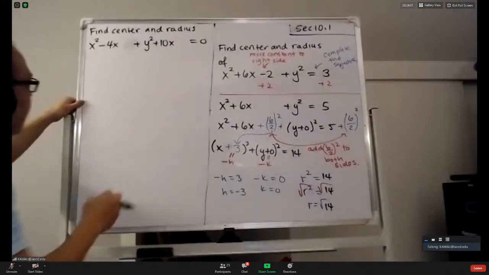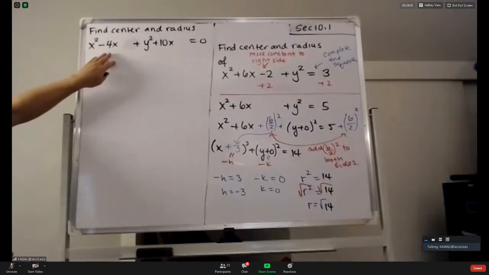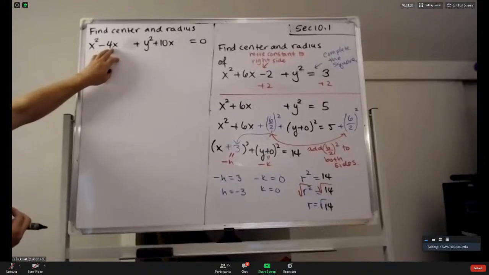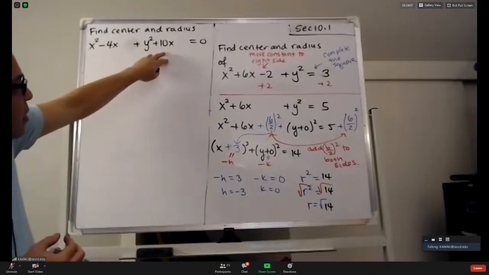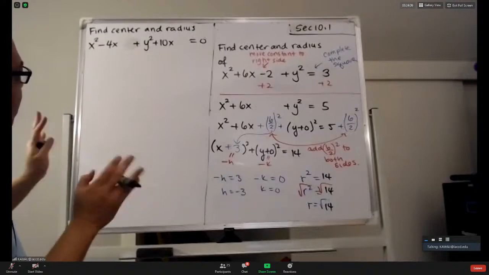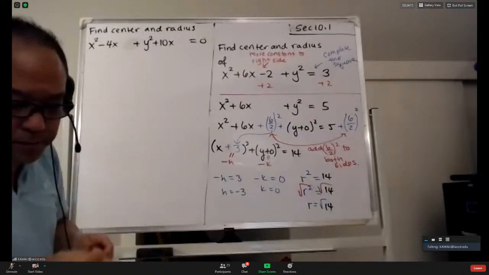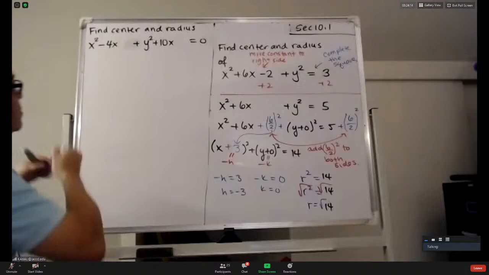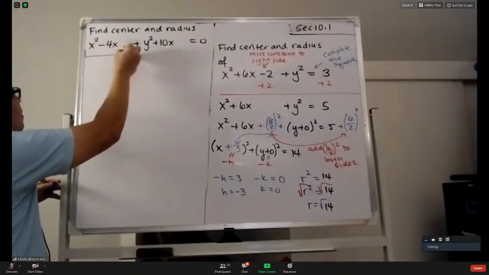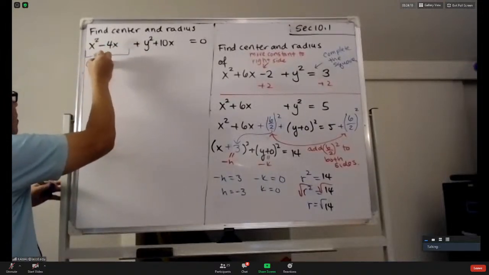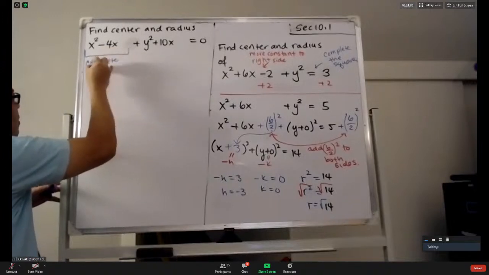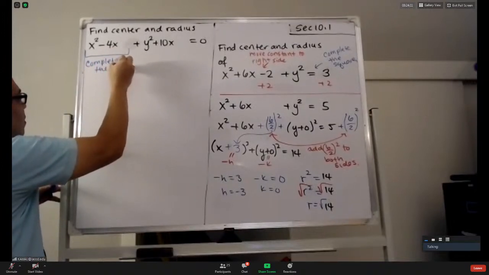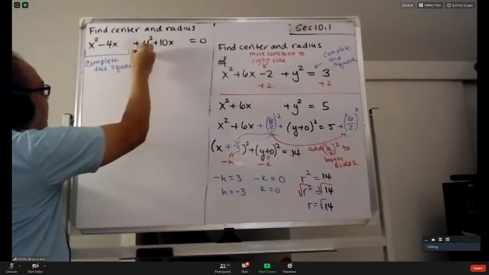I just want to show you that because I have an x here and I have a y there, I have to complete the square for both of those separately. So I have to complete the square, and then I have to complete the square.